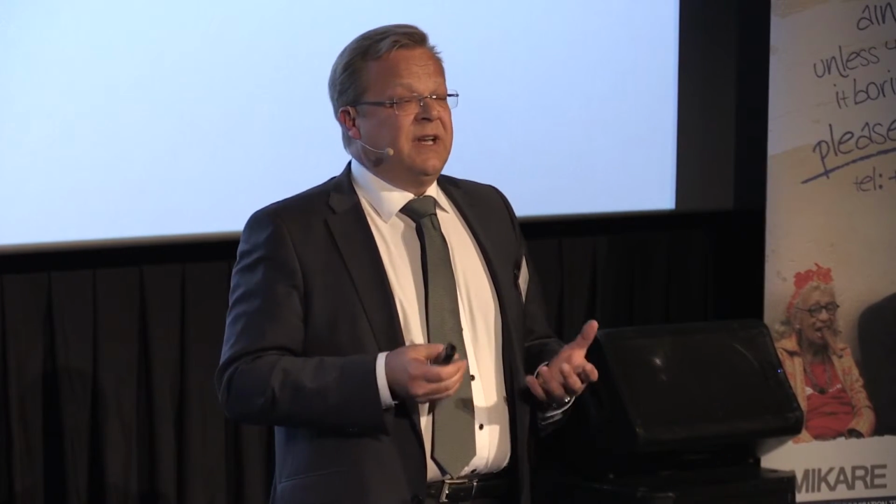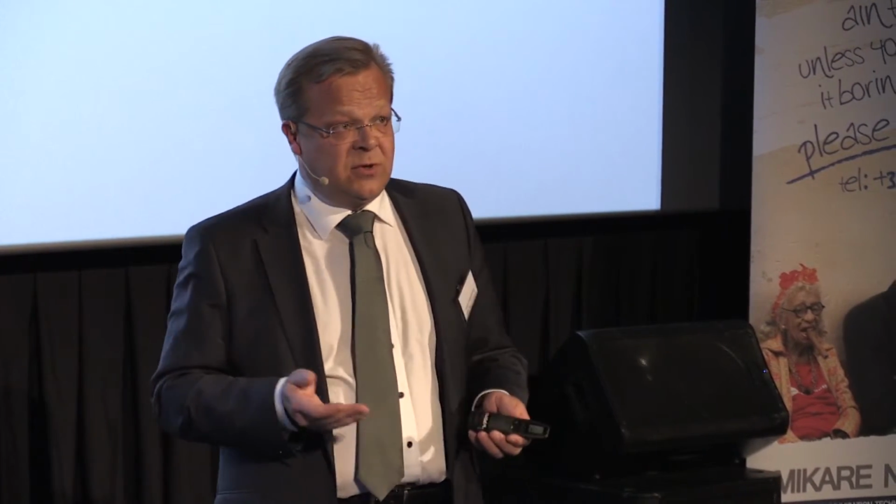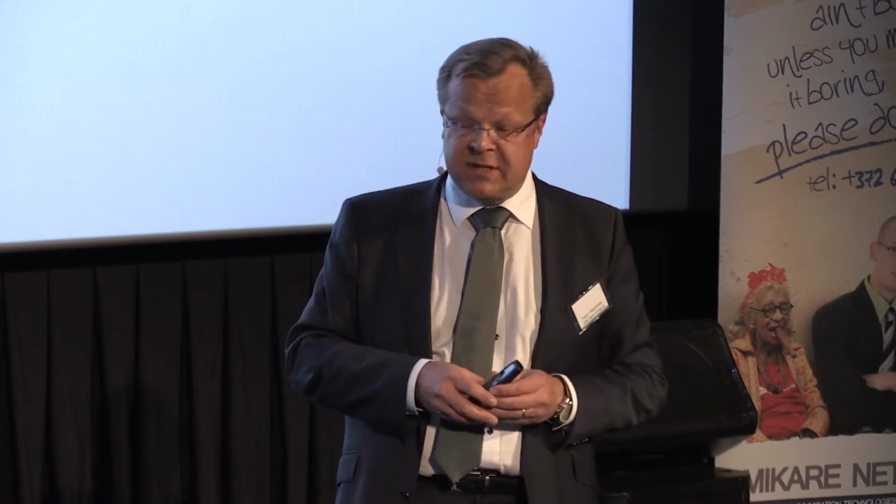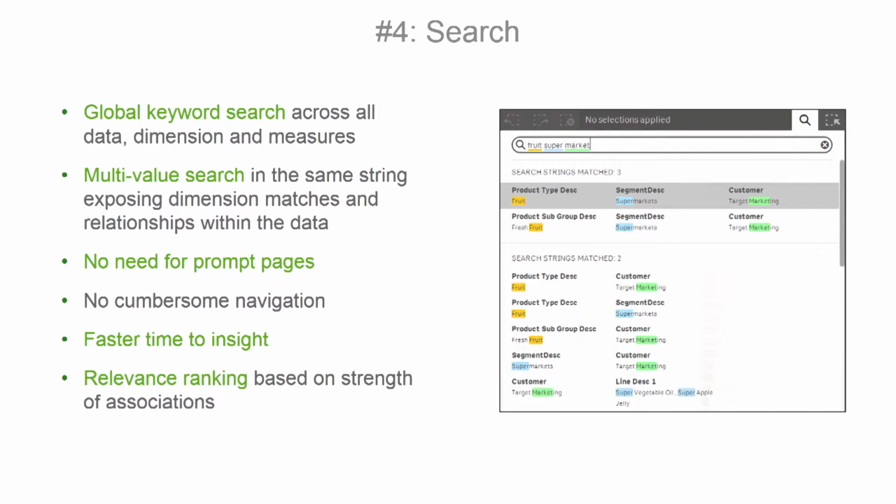Google taught us over the years that if we want to find something, we search. There's even a word in the dictionary, Google it. So we Google to find something. And this idea applies also to Qlik, because when you search, it searches the whole data, the dimensions, the actual values, et cetera.